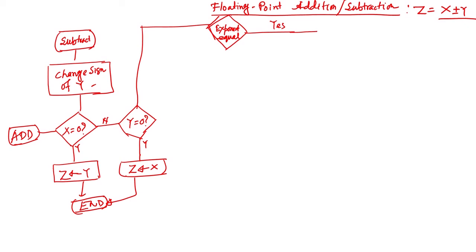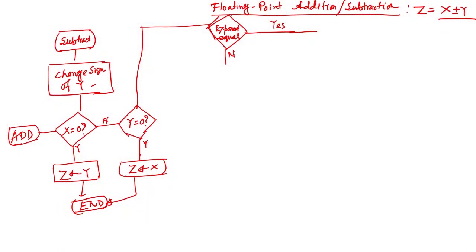If it is no, then what you have to do? The smaller number you have to move to the right side. So, increment the smaller exponent.